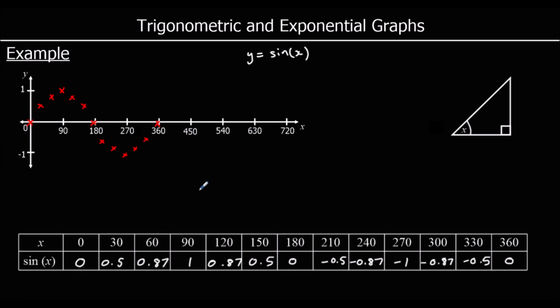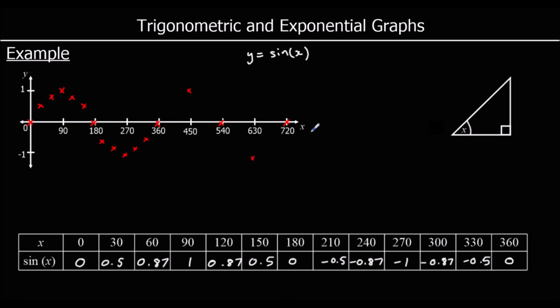So we can see the shape that's forming, and this shape is going to repeat every 360 degrees. So it's going to repeat the exact same shape. It's going to go back up to 1, to 0, to minus 1, to 0.